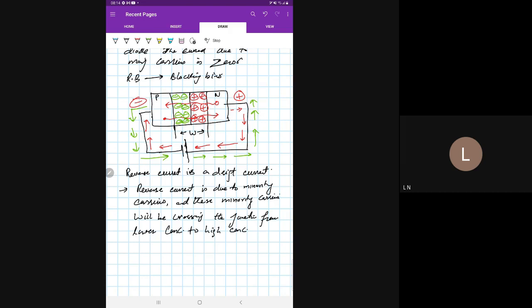Therefore, the reverse current is a drift current.